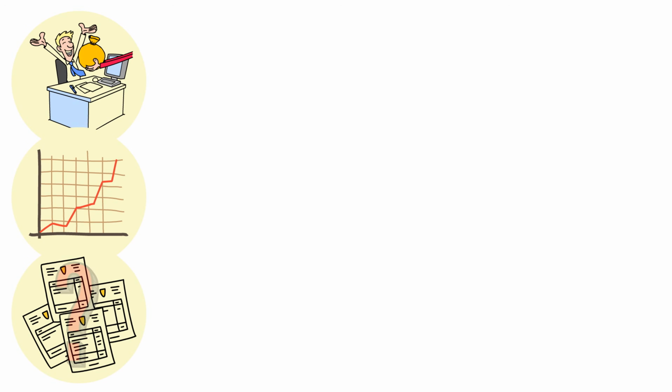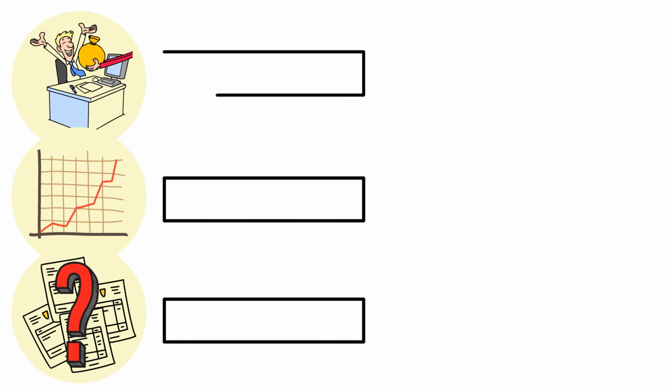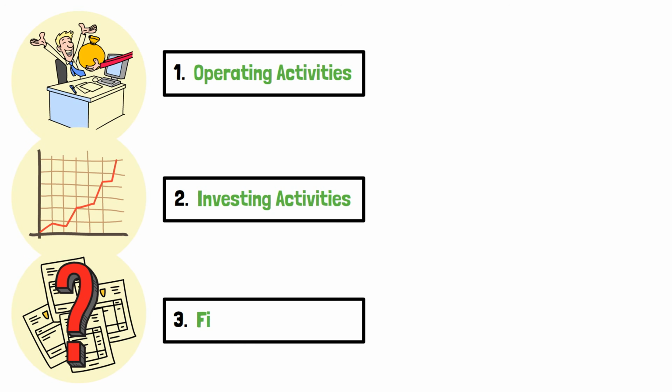While the income statement shows profitability, the cash flow statement shows liquidity, how much real cash is available to pay bills, invest, and survive. It's split into three main sections. First, operating activities. Second, investing activities. And third, financing activities. We'll break each one down in a minute.